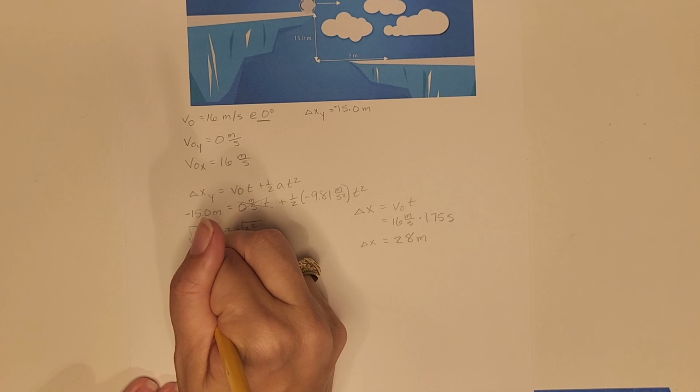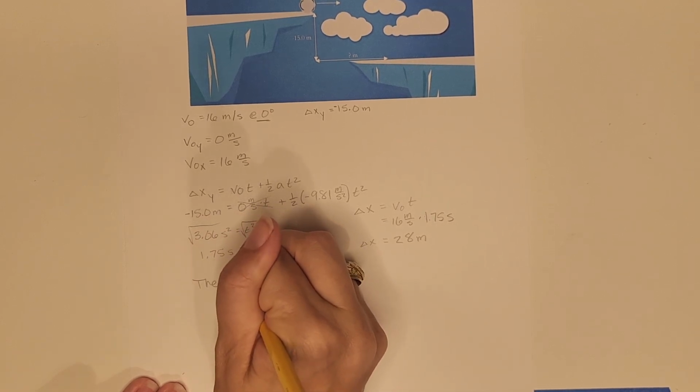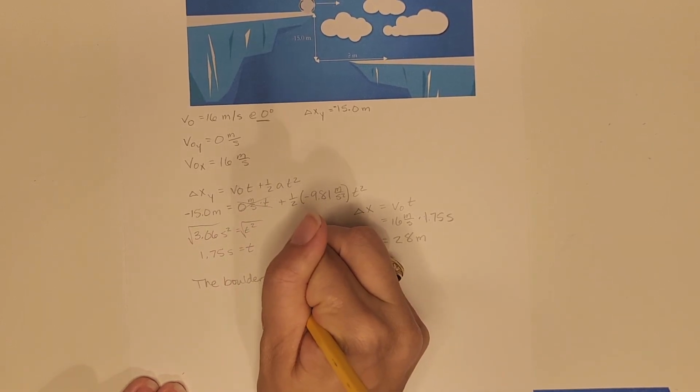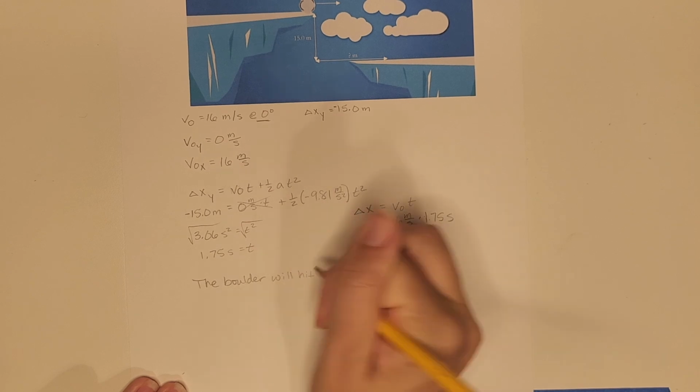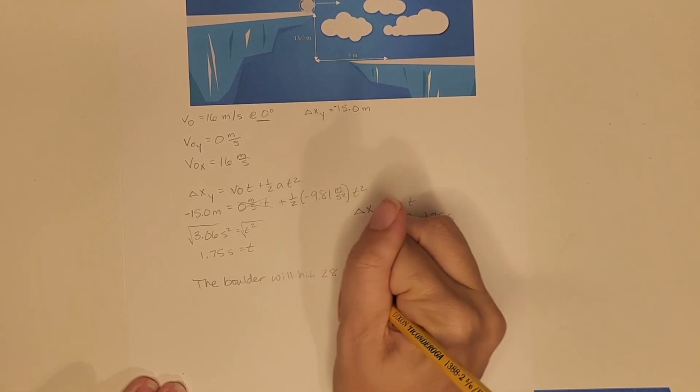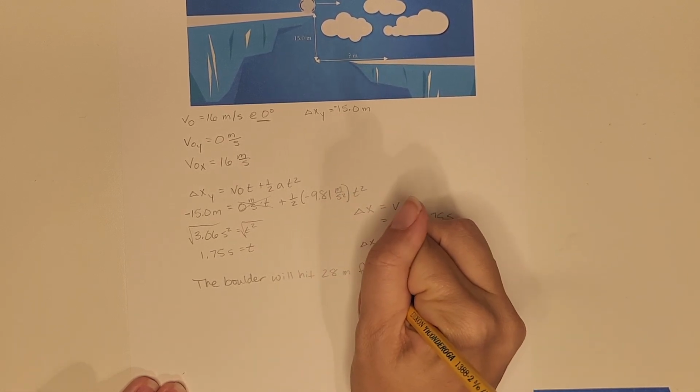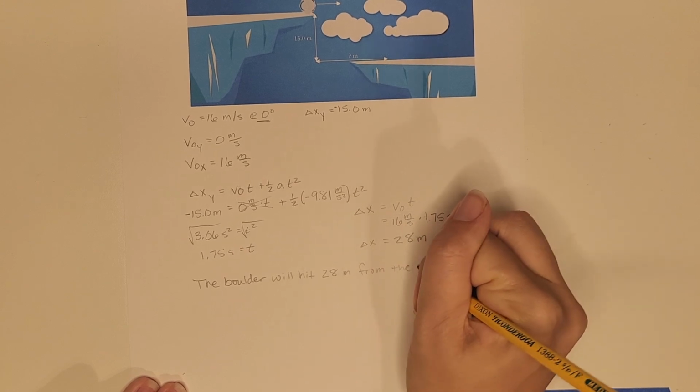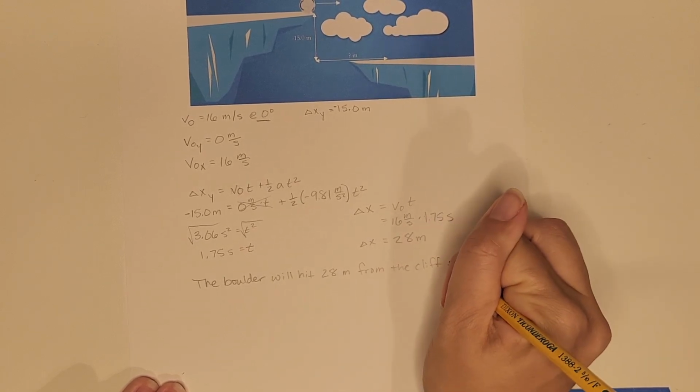And so our final answer is that the boulder will hit 28 meters from the cliff edge.